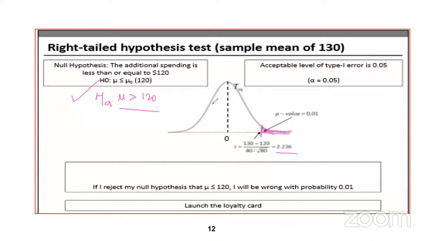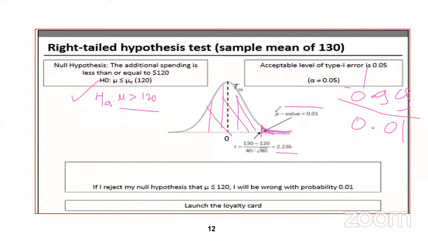So first we need to calculate the probability of this region, subtract it from 1, and we'll get the final probability. For this particular region, the left hand side, we have calculated the probability as 0.99. We'll subtract it from 1 and we'll get the probability equal to 0.01. So that is the final probability, 0.01.